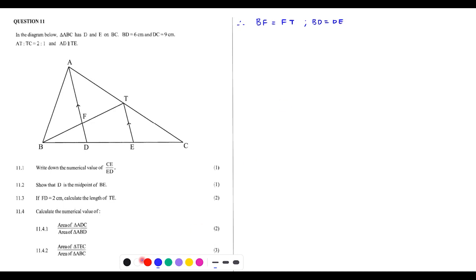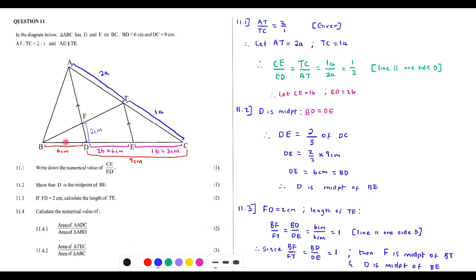The minute you have something like this, this is what we call the midpoint theorem.